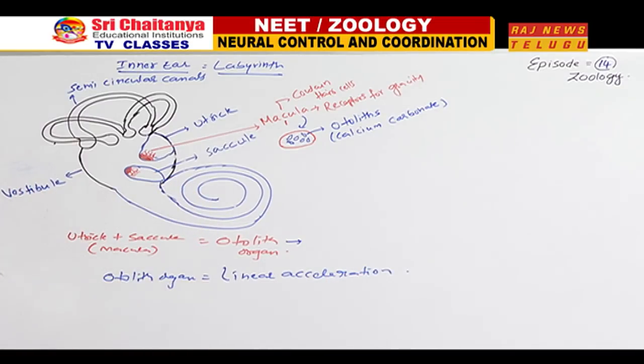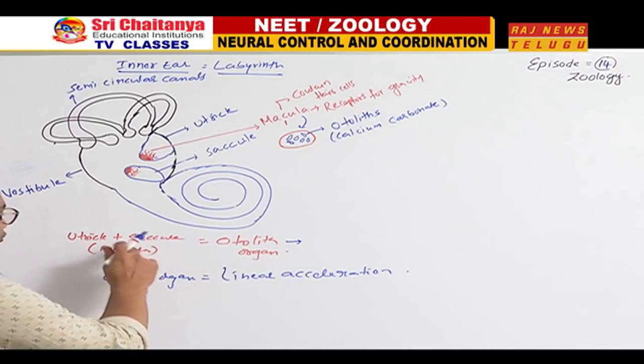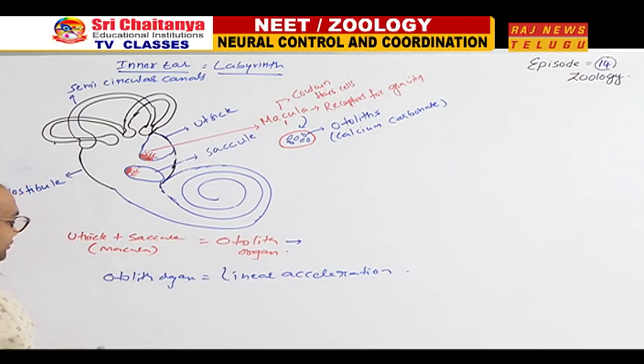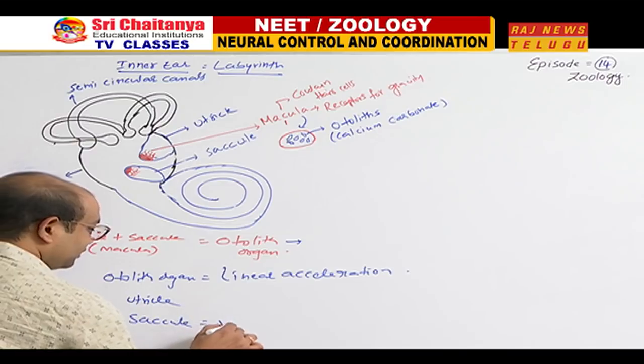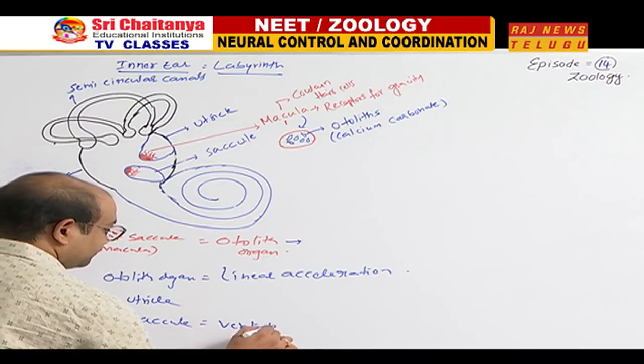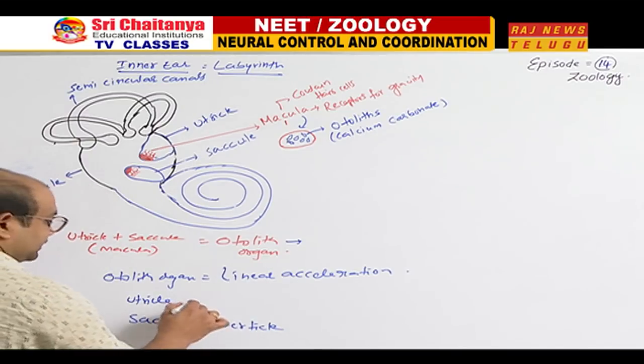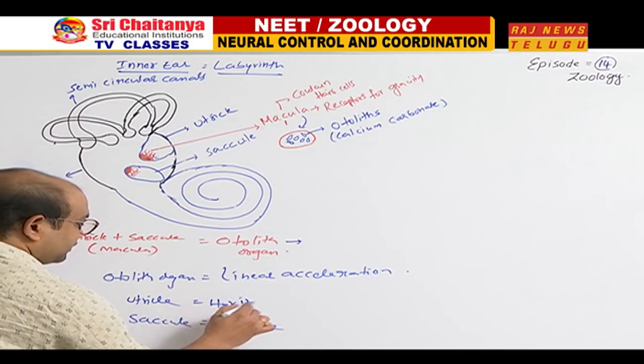And in this linear acceleration, utricle and saccule have two different linear accelerations. See, saccule is responsible for vertical acceleration and utricle for horizontal.